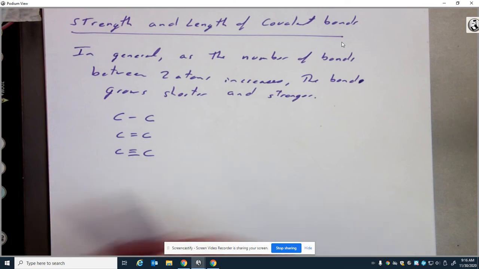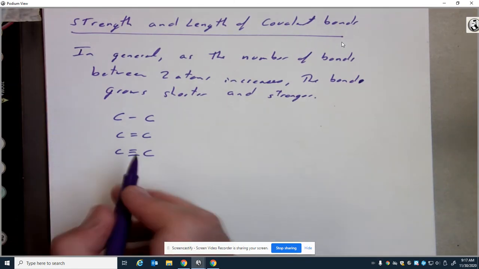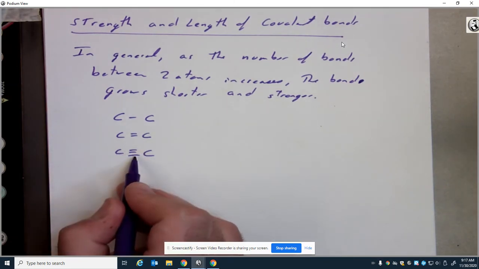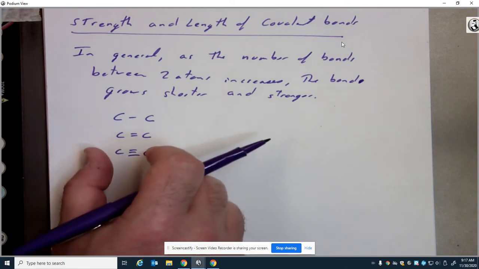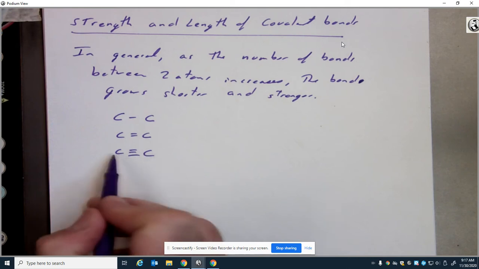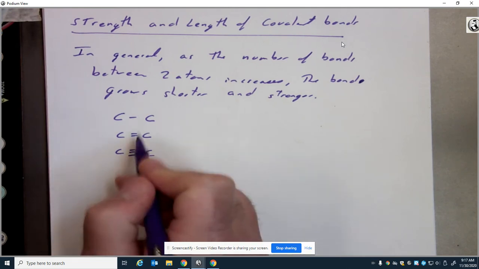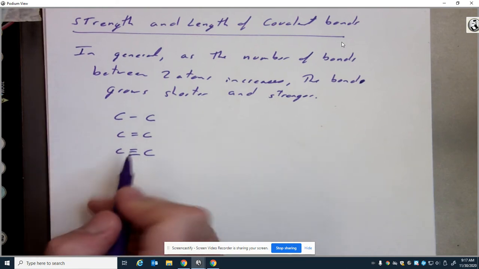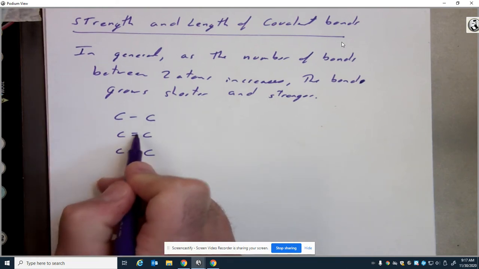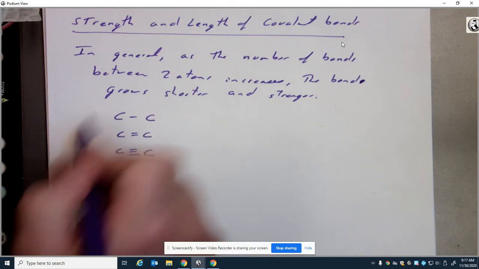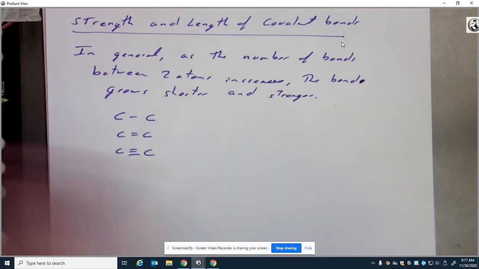Just by knowing that, which do you think is the strongest bond? Well, probably this triple bond is the strongest bond. Now, if this bond is the strongest, which means this force of attraction is the greatest, what's going to happen to the length of this bond compared to these? Well, this one's going to be shorter than this one, and this one is going to be shorter than this one. And that's exactly what we see.